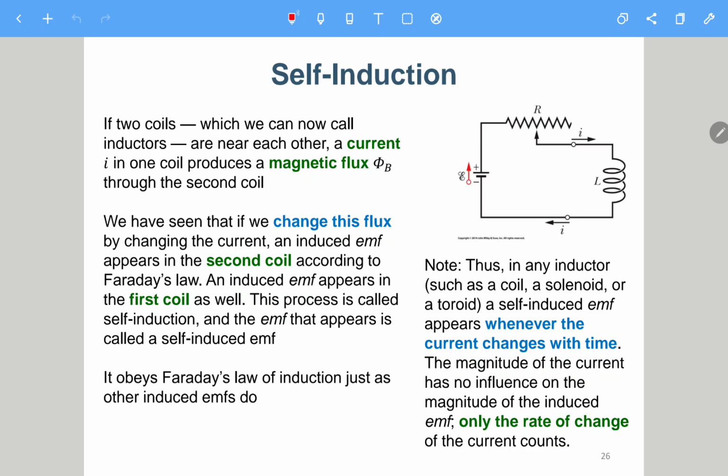Okay, so next we talk about one phenomenon called self-induction. In Chinese, it is called 自感应.